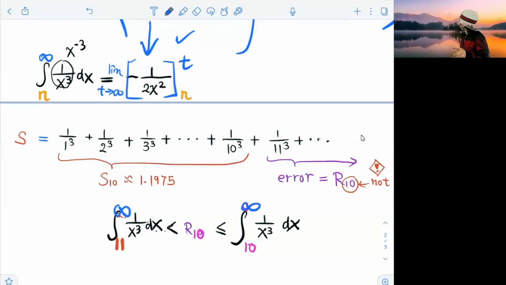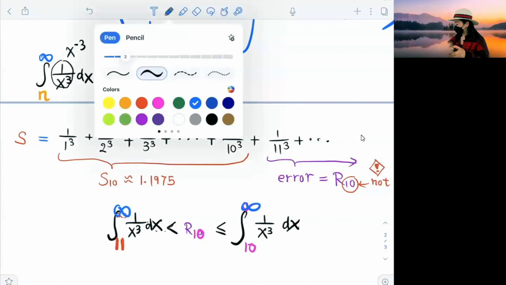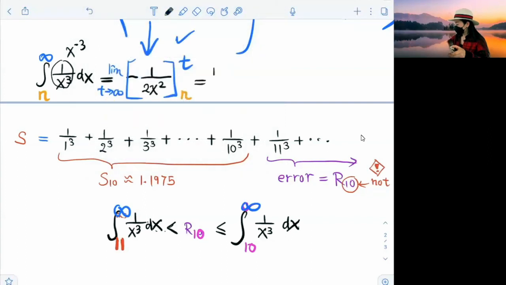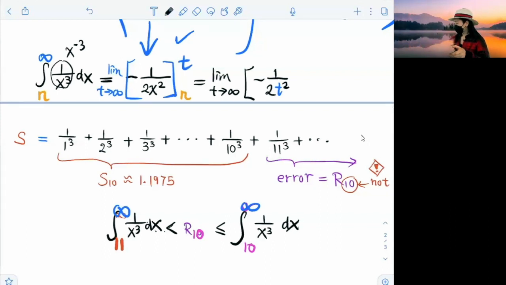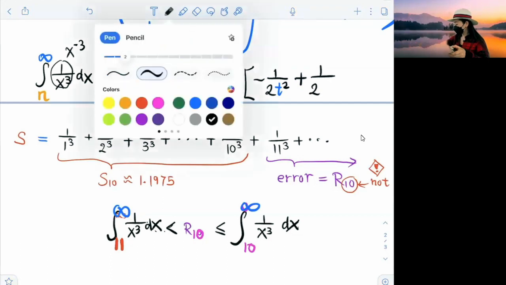Okay. n to t. And what does it equal to? What do you think? So the limit as t goes to infinity, substitute t in it, so it is negative 1 over 2t squared, and then minus becomes a plus 1 over 2n squared.